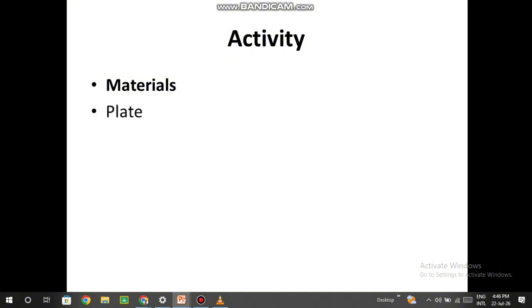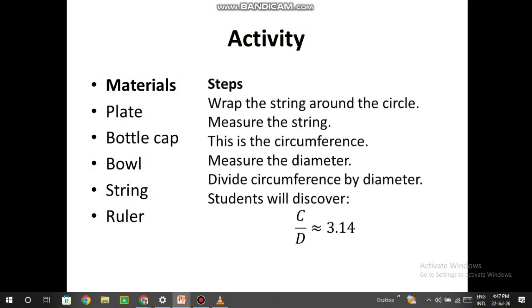So we will do an activity. You can do this activity with any plate or bottle cap or any ring or bowl, and for that you need a string and a ruler. Now what will be the steps? Wrap the string around the circle, and measure the length of the string.